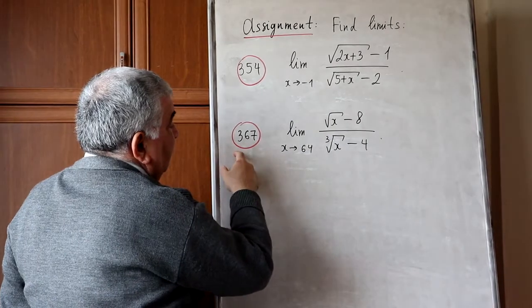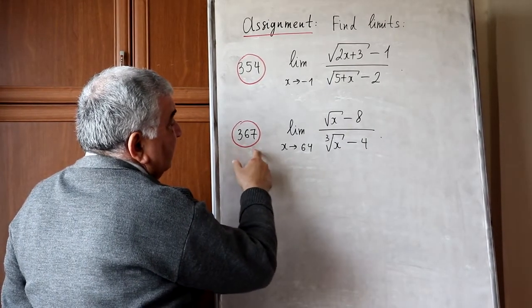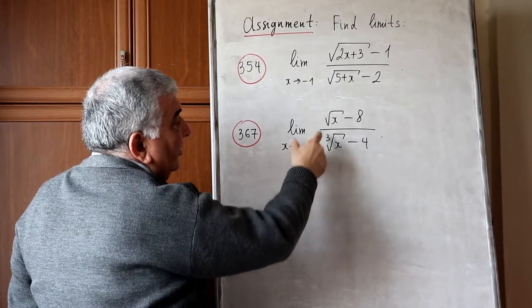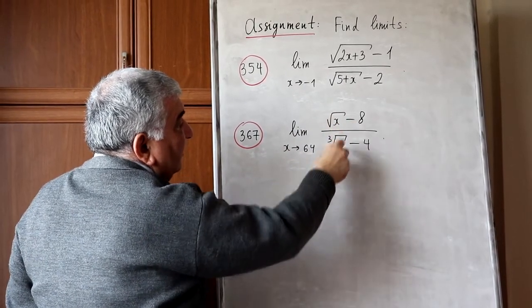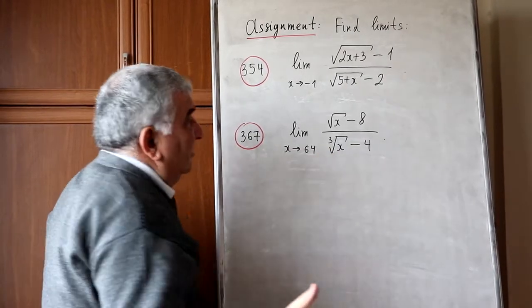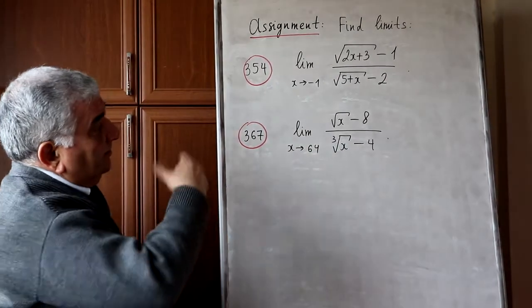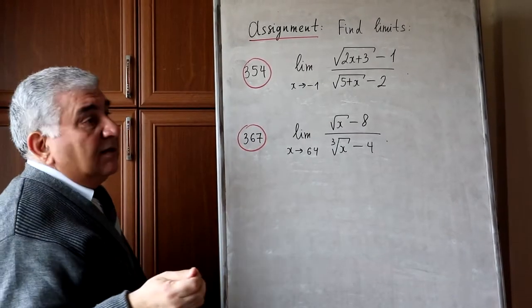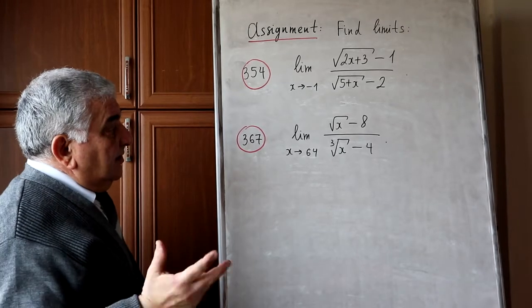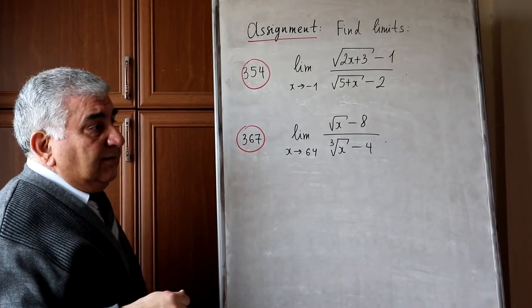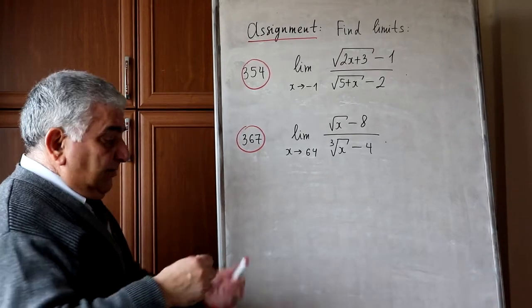And number 367, limit when x tends to 64 of square root of x minus 8 divided by cube root of x minus 4. You can calculate these limits only by the conjugation method. Then go to the new topic named the first remarkable limit.